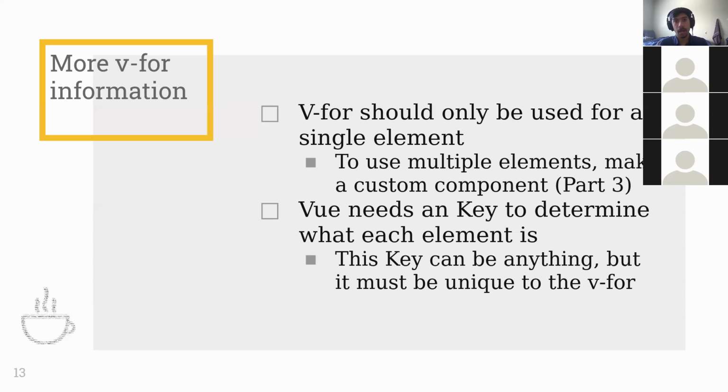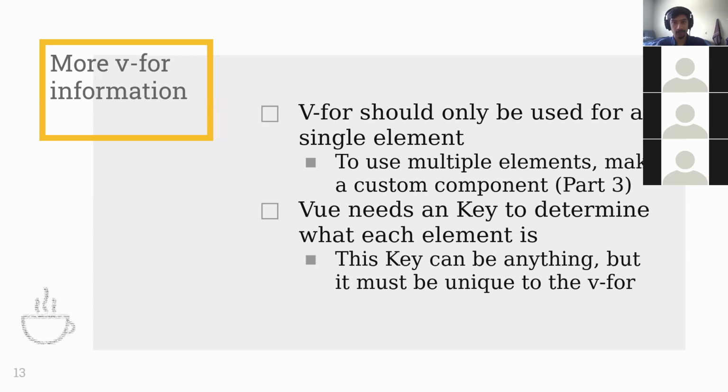However, if you don't add keys or the keys aren't unique, which Vue will be very mad about, Vue has to remove every element and then re-add them all over again, which can take much longer if you, say, have 1,000 elements. And we want our pages to be quick and really snappy for the end user.